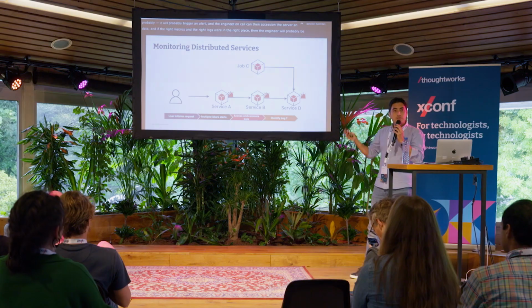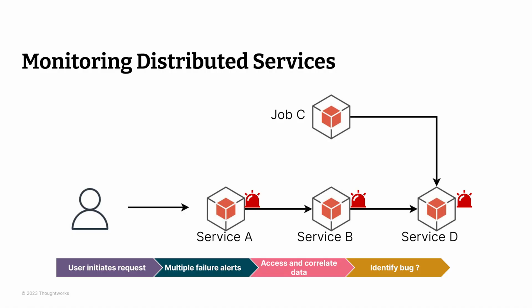Now, if we switch over to the landscape of distributed services, let's imagine that we split this monolith into multiple microservices. Now, this same request would probably trigger alerts, right, into different services. And, well, now the engineer basically needs to be even more luckier to find the right information at the right place, right?